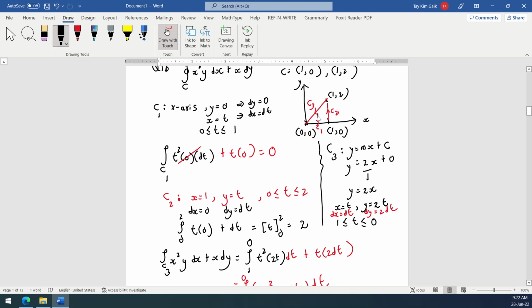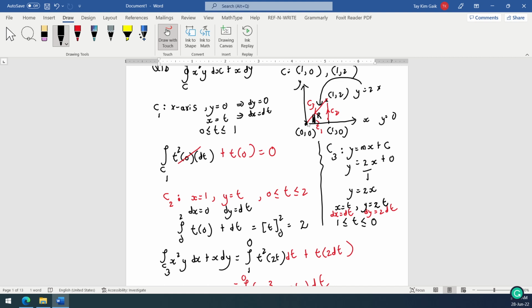The region R is inside here, so we can solve it using dy dx. The vertical bar touches the x-axis, which is y equals 0, and the linear graph we already obtained, y equals 2x. So we use dy dx where y goes from 0 to 2x.